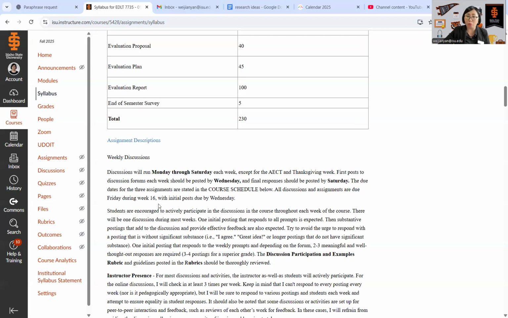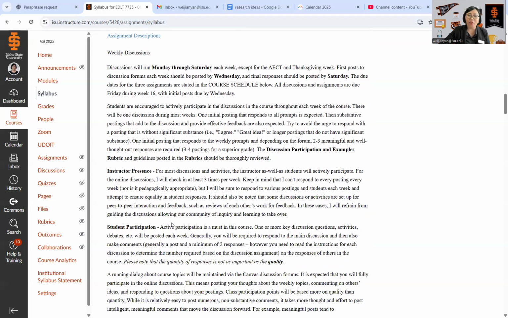As I mentioned, this course is going to require a lot of effort and time from you. So be prepared. For the discussions, I will not engage very actively. I will see your contributions, I will grade them, but I will refrain from talking too much because we're using a constructivist learning methodology, and as a group, we construct the knowledge together.